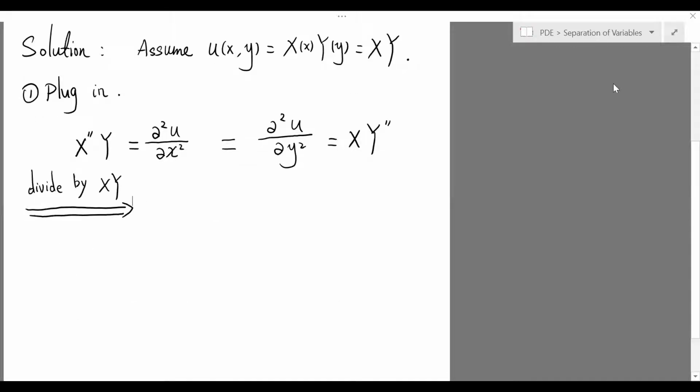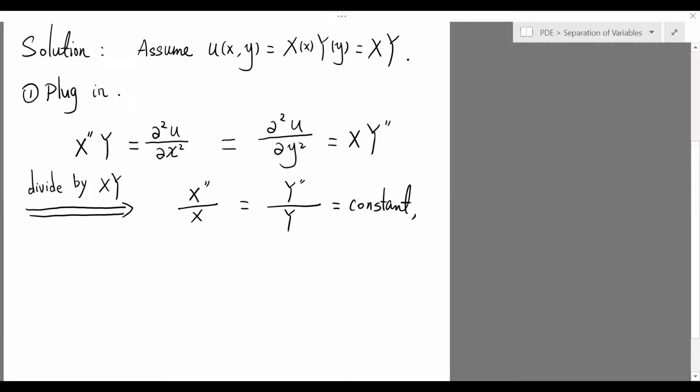Dividing both sides by capital X, capital Y, we end up with capital X double prime over capital X equal to capital Y double prime over capital Y. Since the left-hand side is independent of the variable y, and the right-hand side is independent of the variable x, the outcome should be, in fact, a constant.